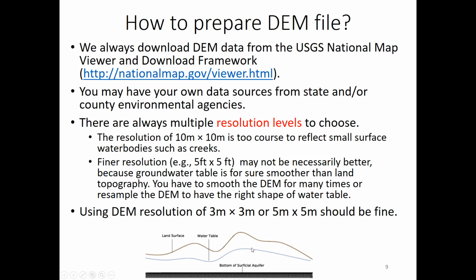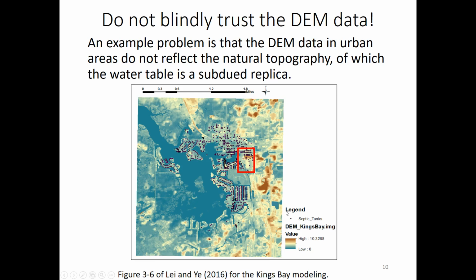Based on our experience, we always choose a resolution of 5 meter by 5 meter or 3 meter by 3 meter. With the computers we have today, I think 3 meter by 3 meter is probably the best option. And one thing I need to emphasize: after you download the DEM, do not blindly trust the DEM data. It doesn't mean the DEM data are wrong.